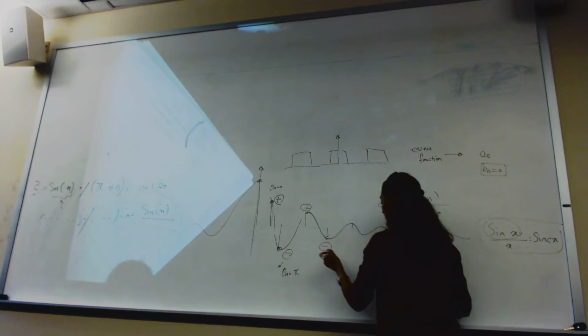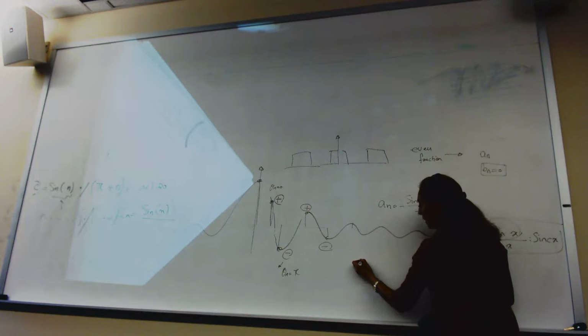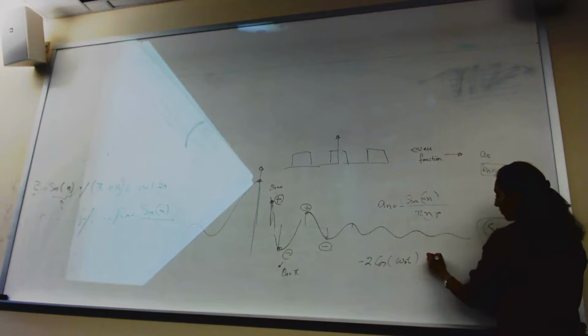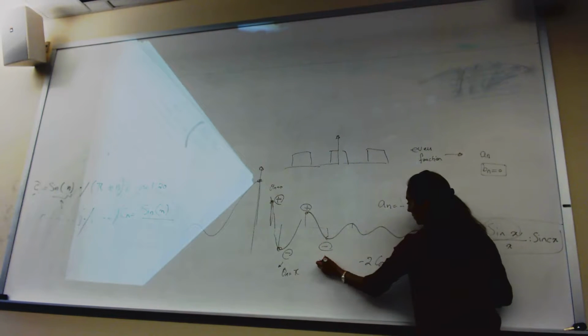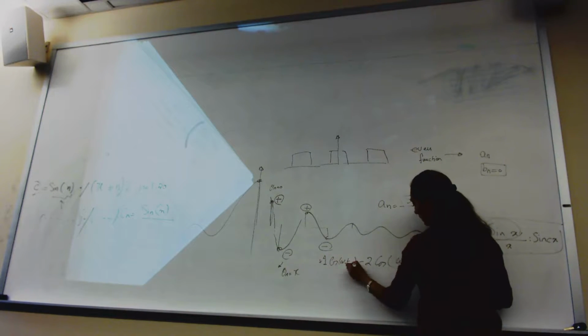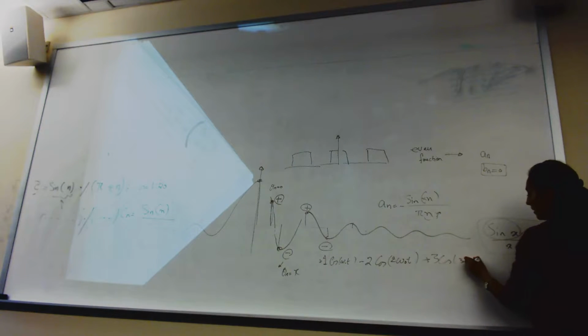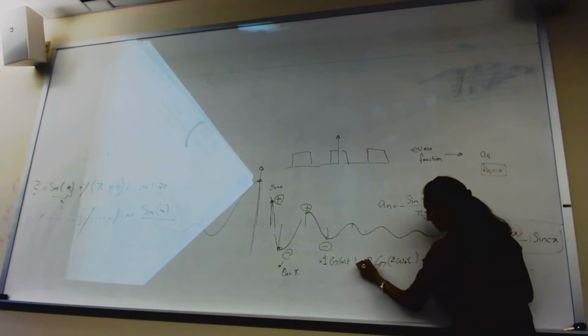So if your a_n is negative, let's say you have minus 2 cosine of omega naught t. Some of them are positive, then 2 omega t, let's say plus 3 angle, whatever. The fact is some of them are negative.